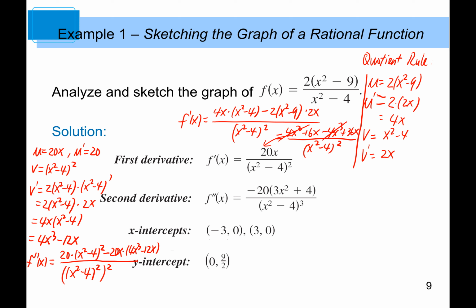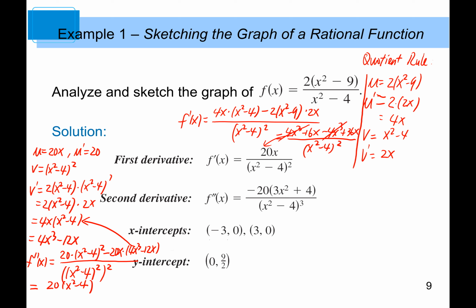So now let's take a look at simplifying this. After you simplify this, you will end up with 20 times (x squared minus 4). If you look at it, this thing is equal to that. So every single term in your numerator and denominator has x squared minus 4.